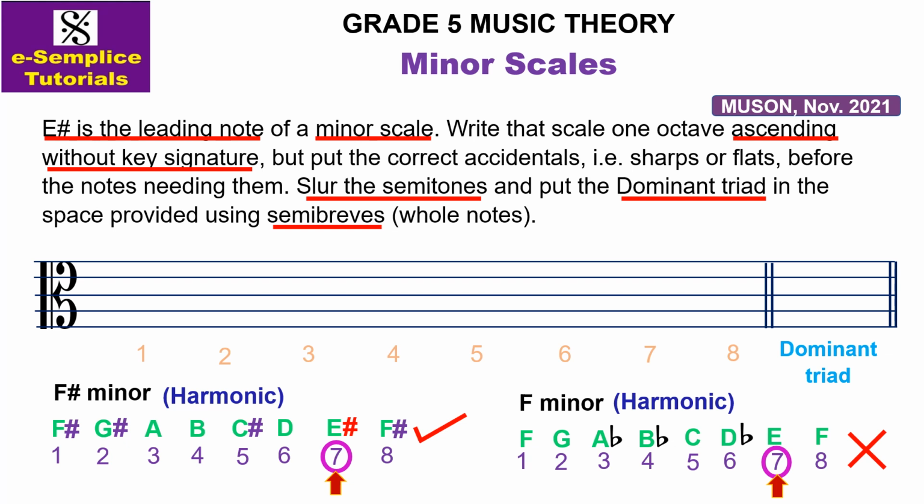This is alto clef, so line 3 is middle C. So I'll start by putting F sharp, G sharp, A, B, C sharp, D, E sharp, then F sharp, where I started from.